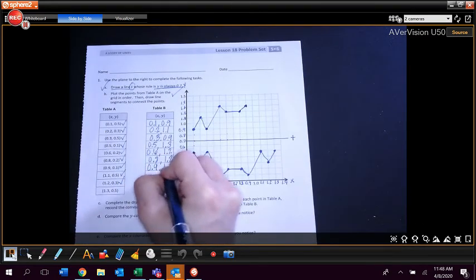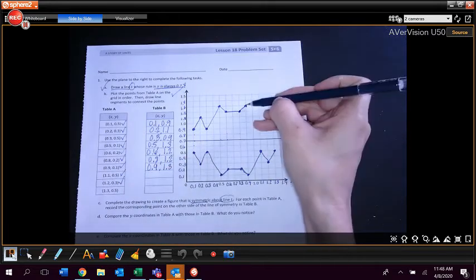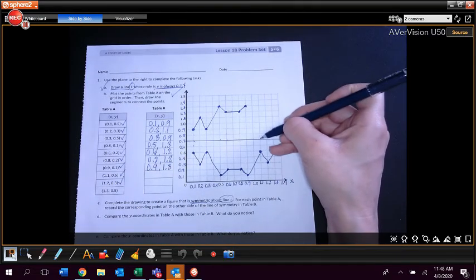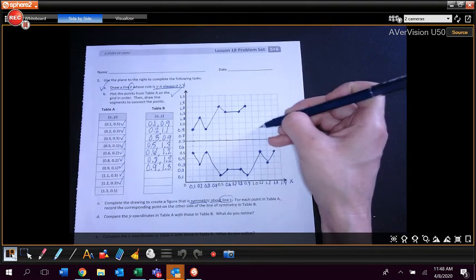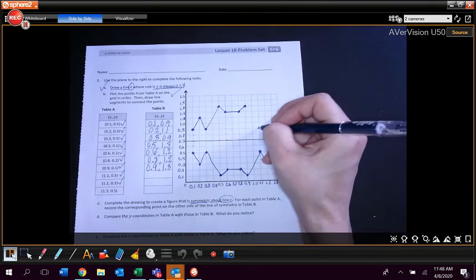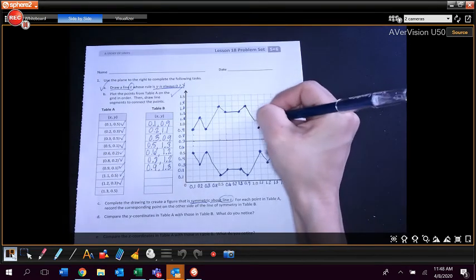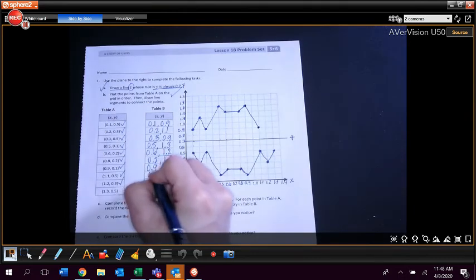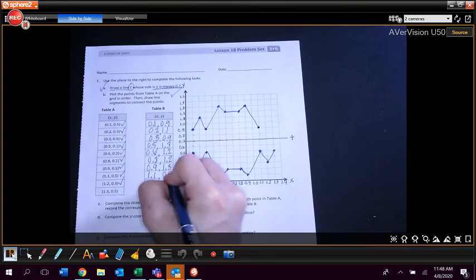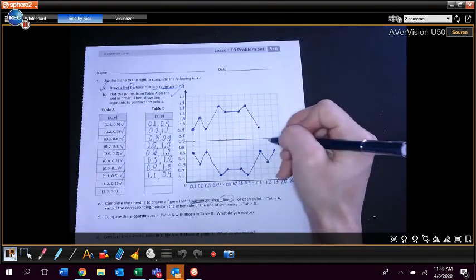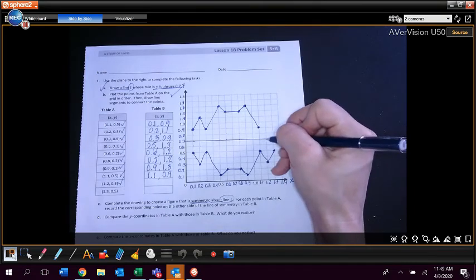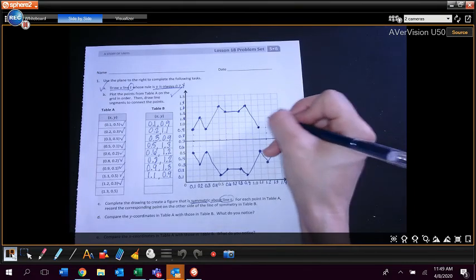Then we look at our next plot, which is 2 units down. So we go up 2 units. 1, 2. And we connect. This is 1.1, 0.9. Then our next one is 1, 2, 3, 4 units. So it's going to be 4 units up. 1, 2, 3, 4.